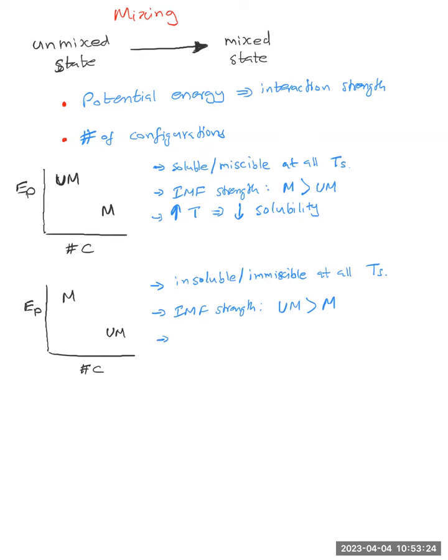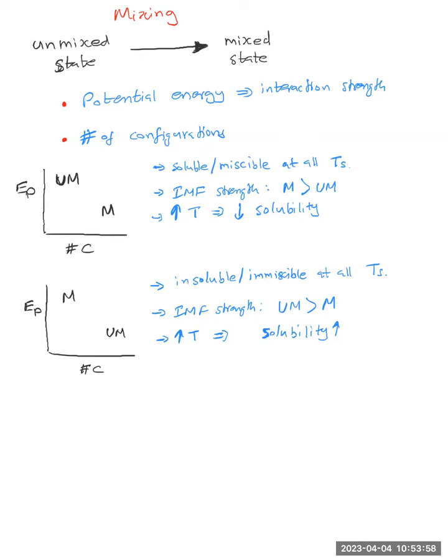And then the effect of increasing temperature. If we increase the temperature, the solubility will slightly increase. Solubility increases. Actually, I would like to have the arrow on the other side. Solubility increases. Why? If you increase the temperature, that's going to favor the state with high potential energy. Therefore, it's going to start favoring the mixed state.